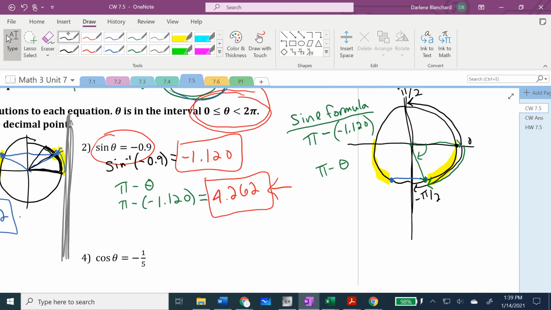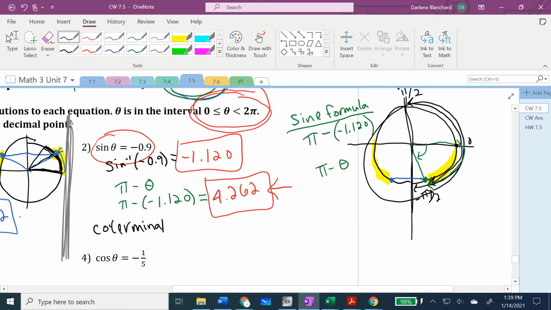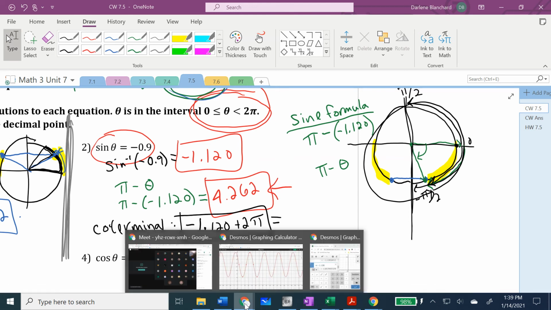So what I'm going to do is find a coterminal angle for my negative angle by adding 2 pi. So negative 1.120 plus 2 pi. And then put that in your calculator.